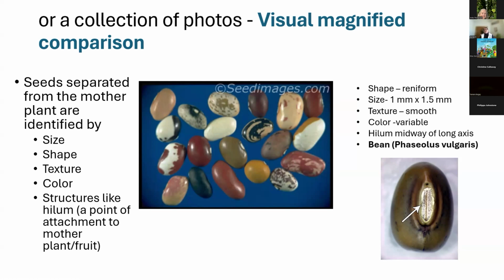This is where the seed was originally attached to the mother plant so that nutrients could move from the mother plant to the seed itself during development. And in some seeds, that hilum is much more visible than others. And so it's an example of an anatomical feature that we can utilize to identify the genus and hopefully species of the seed.